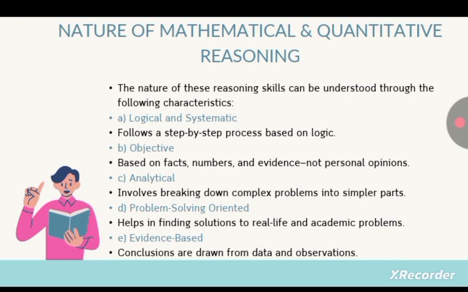It follows a step-by-step process that is centrally based on logic. It is structured in nature and based on the central idea of logic. And it is objective. It is centered around facts, numbers and evidence, not just personal opinions.